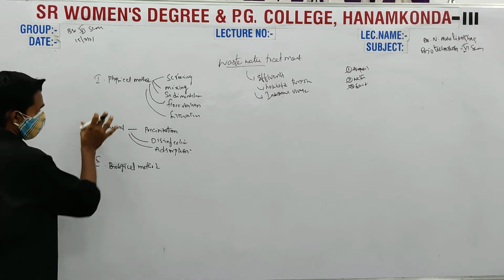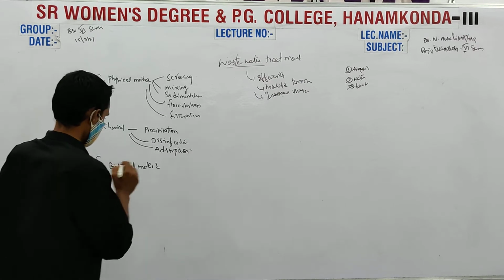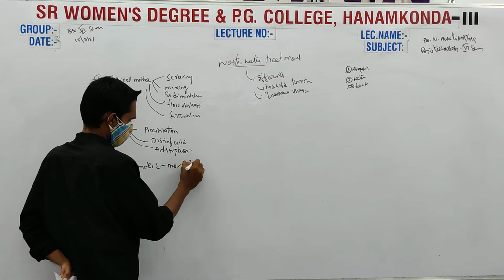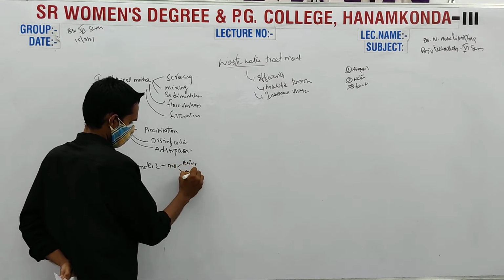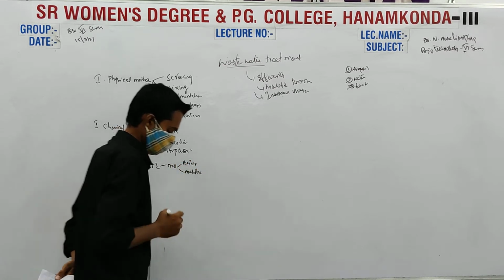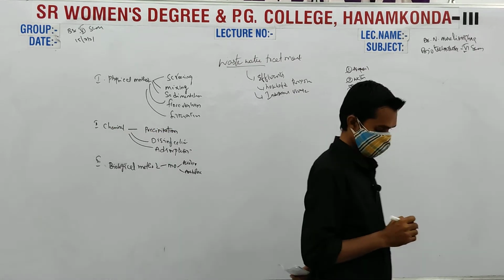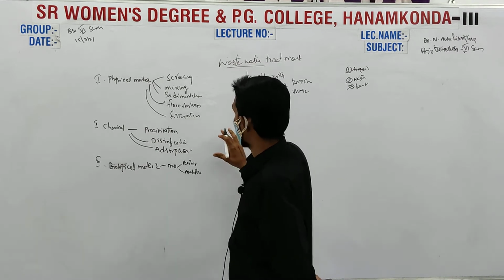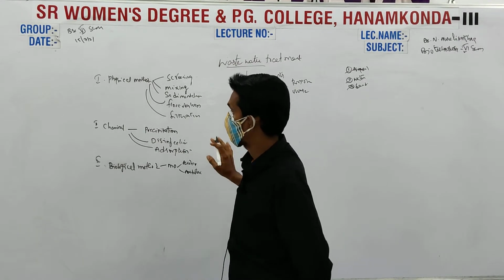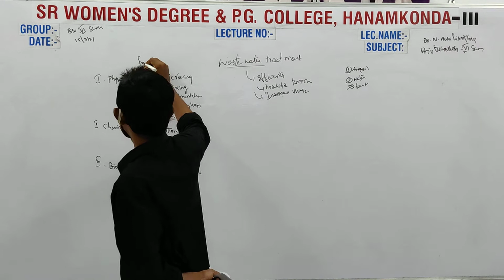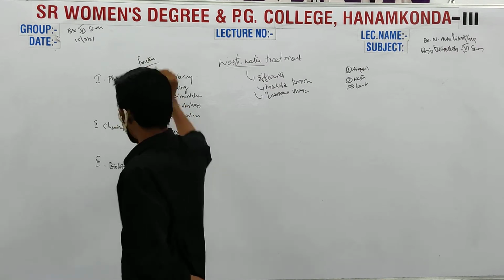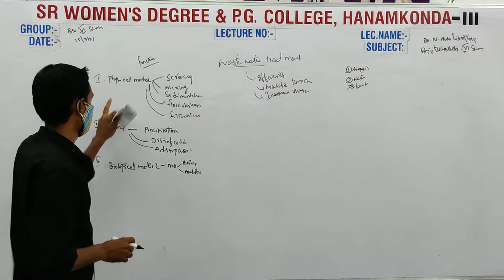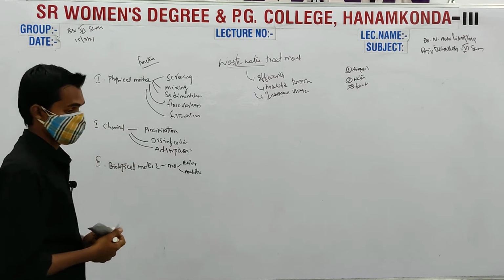Biological method includes microorganisms that are aerobic or anaerobic in nature, so we can use either of these microbial organisms. These are the three different classifications of methods based upon function: physical method, chemical method, and biological method.